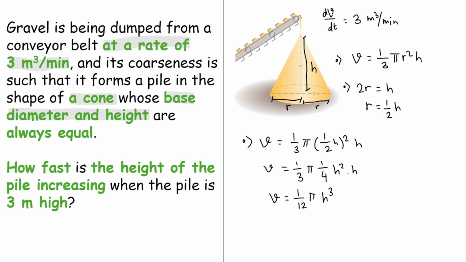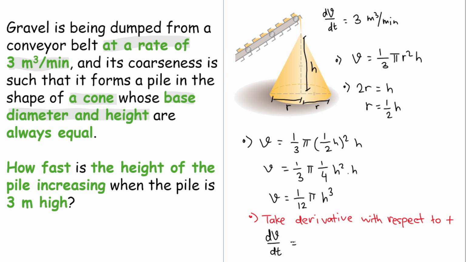But here we are given dV/dt. We can differentiate this with respect to t. So let's take the derivative of this with respect to t. On the left hand side, we obviously have dV/dt.